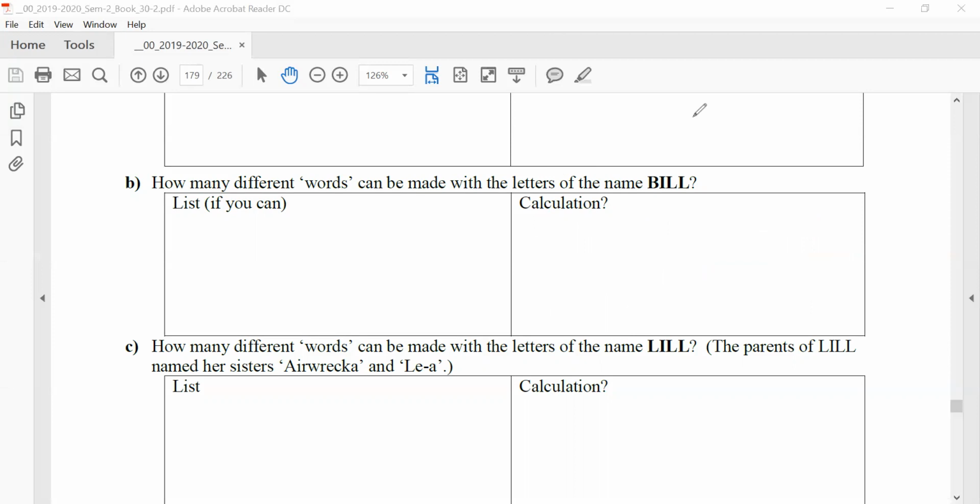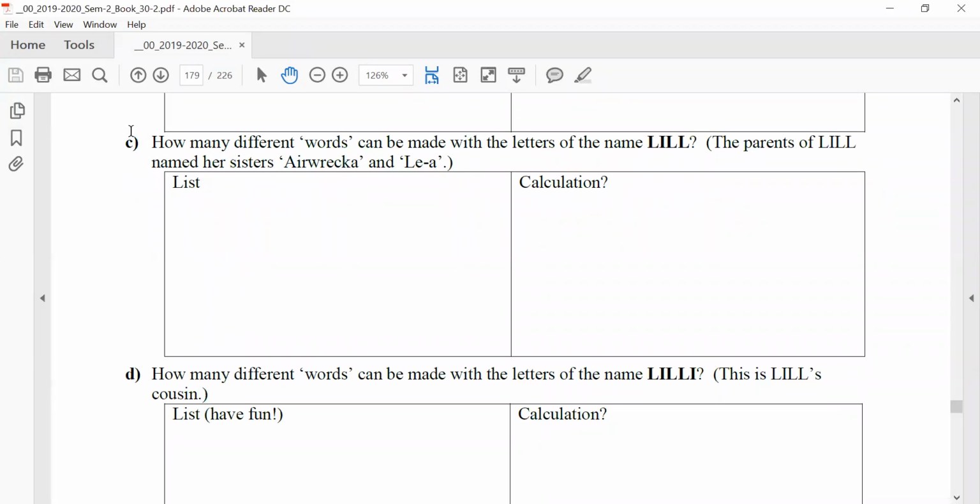Now we get to Lil here with 3 L's. Again, I'm going to start off with the fundamental counting principle. We've got a spot for each letter. There are 4 letters in her name and we're using all of them. So 4, 3, 2, 1.